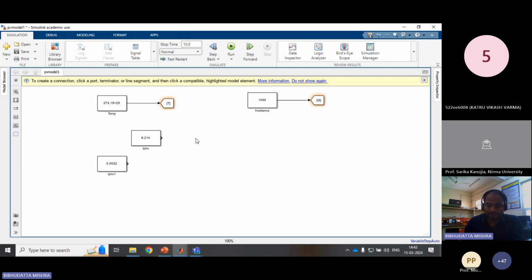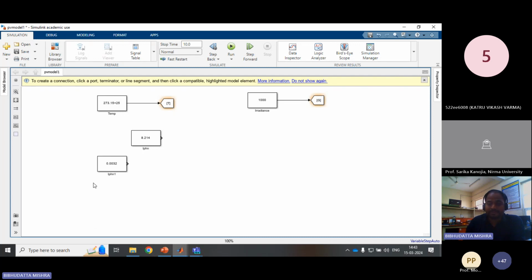Already T is any value we can change, as in the objective part I have mentioned, for different values of temperature and different values of irradiance we can have the PV or IV curve. That's why this declaration can be changed depending upon our requirements of temperature value or irradiance value.